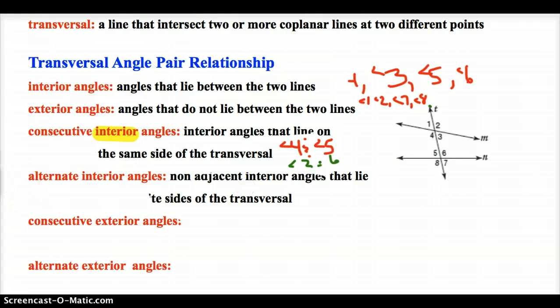If we're shooting baskets and we're alternating back and forth, we'd be taking turns. So 4 and 6 would be alternate interior. And then my other set would be angle 3 and angle 5. See, they're back and forth over it.